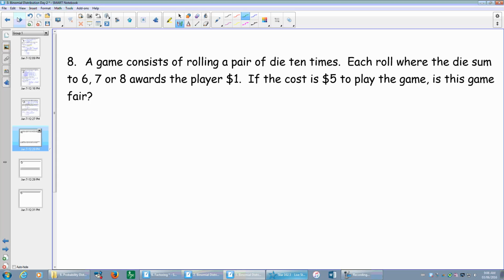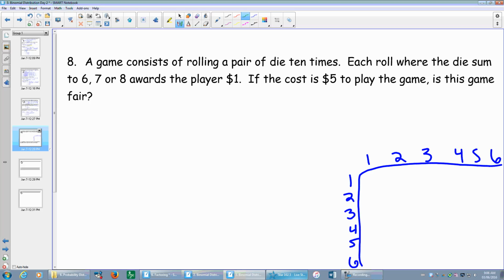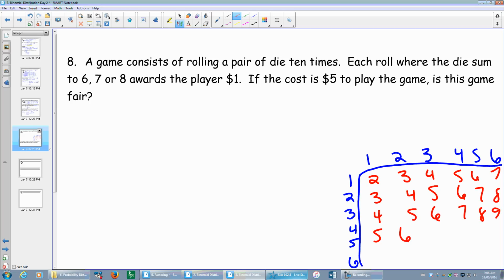In order to do this, I would have to figure out, if you were to draw your dice chart, 1, 2, 3, 4, 5, 6 across and 1, 2, 3, 4, 5, 6 down, the numbers that would go in here. Okay, those are all my possibilities when I roll a die 2 times.